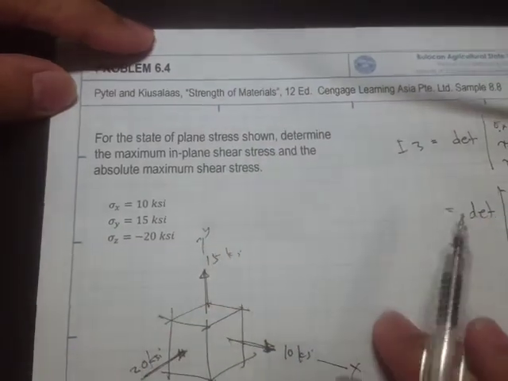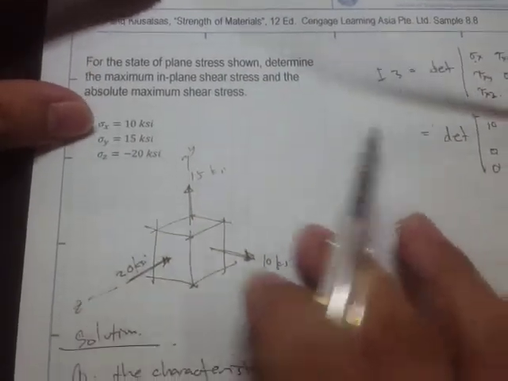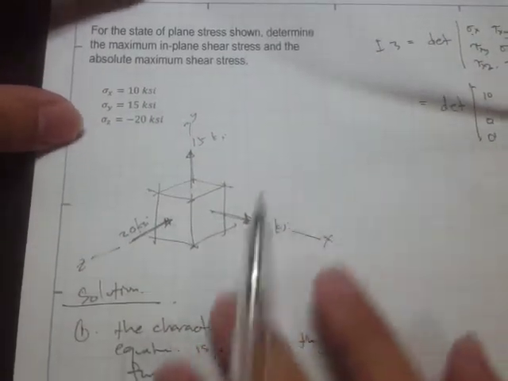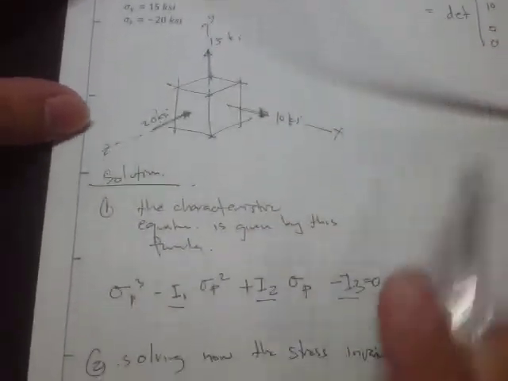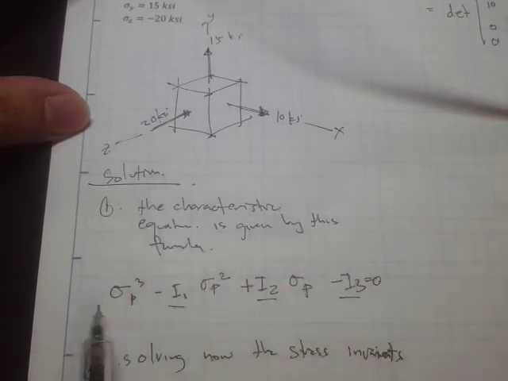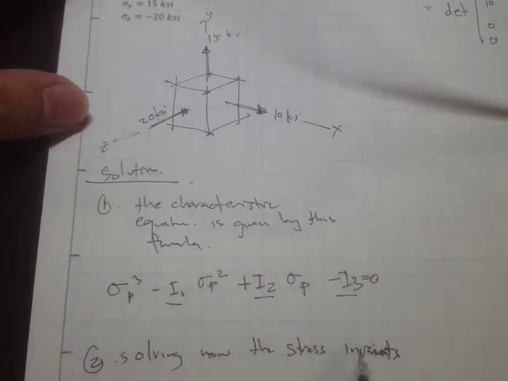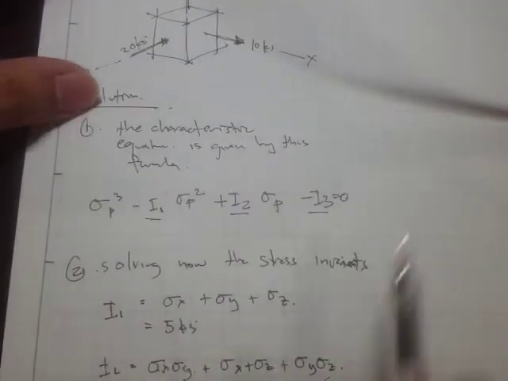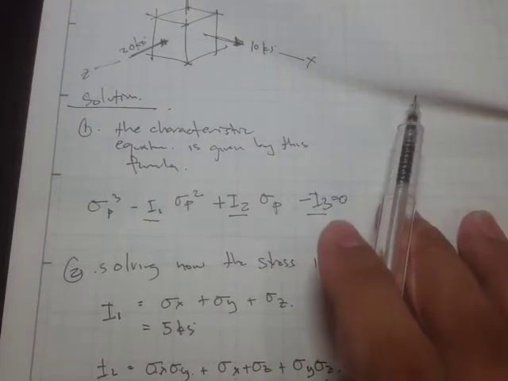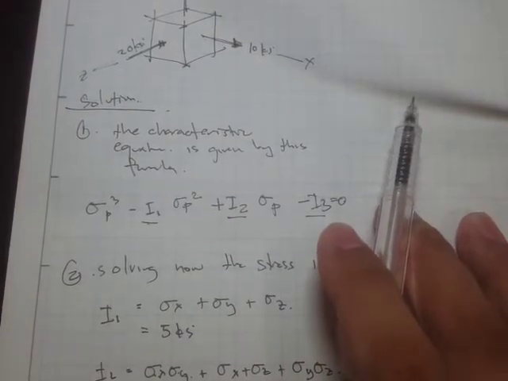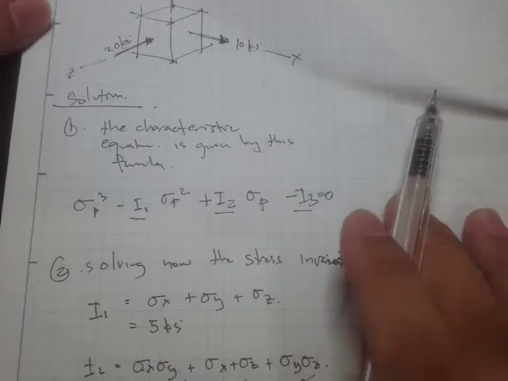Although that works as well, I just wanted to use this method of using the characteristic equation, this cubic equation, and solving the stress invariants. So in order to check whether this also works, and it actually does.